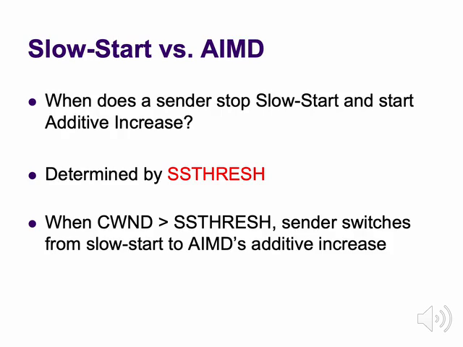So it's going to double its CWND every round trip time until it reaches SSTHRESH. At SSTHRESH, it says, I knew this was a safe rate. If I double it one more time, there's a very good chance I'm going to cause packet drops or cause congestion. And so instead, I'm going to stop doubling my congestion window. I'm going to do something much less aggressive, which is additive increase. And so that's when the sender is exiting this slow start behavior and starting to enter this AIMD behavior.